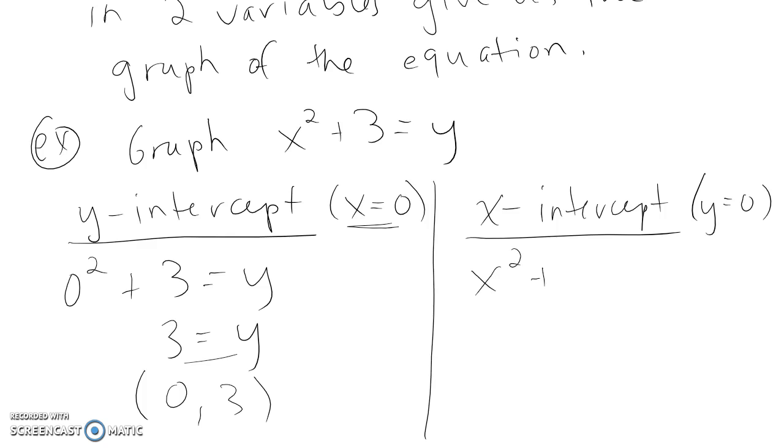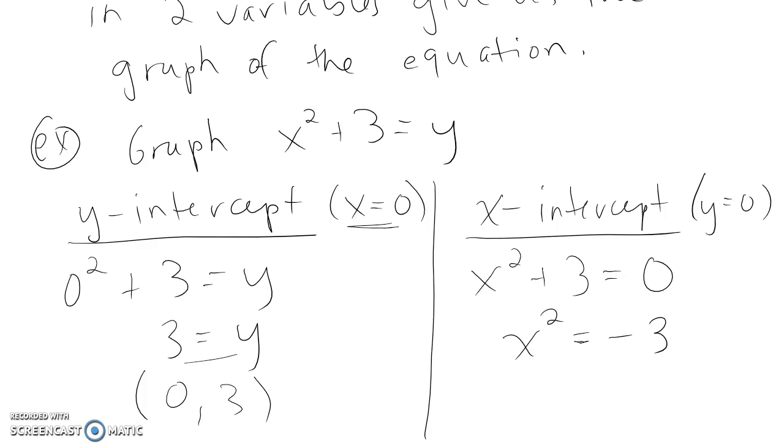For the x-intercept, we're going to plug 0 in for y. So x squared plus 3 equals 0. And then we're going to try to find the x-coordinate that goes with the y-coordinate 0. If I'm going to solve for x, I need to subtract 3 from both sides. I get x squared is equal to negative 3. But there, I have to stop.